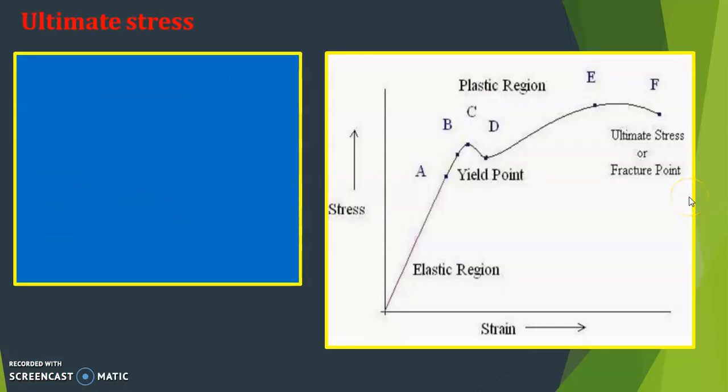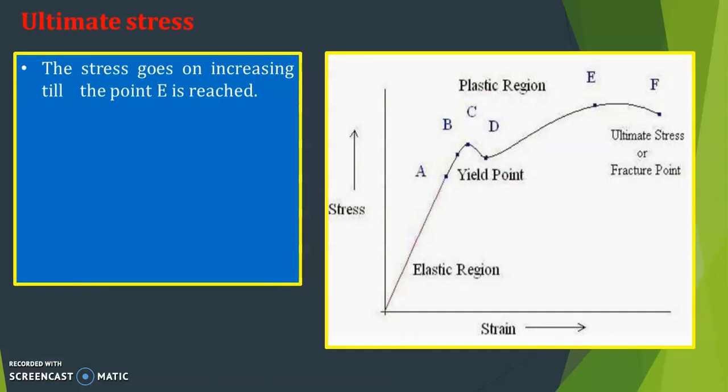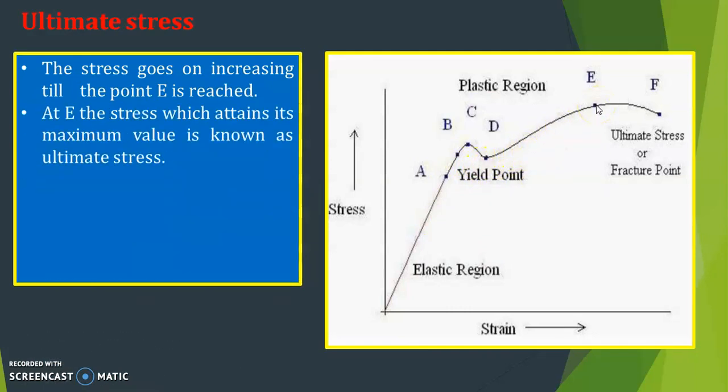Okay, next, ultimate stress. Ultimate stress is the stress as it goes on increasing till the point E is reached. At E, the stress attains its maximum value, which is known as ultimate stress. This is the maximum point, this is the ultimate stress.